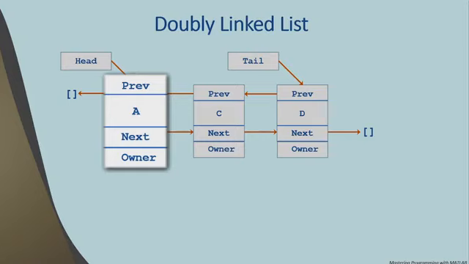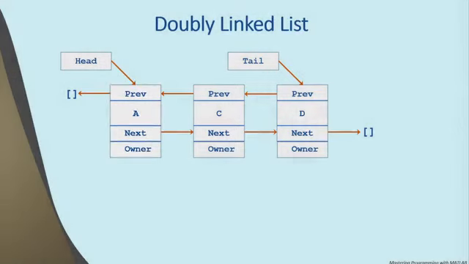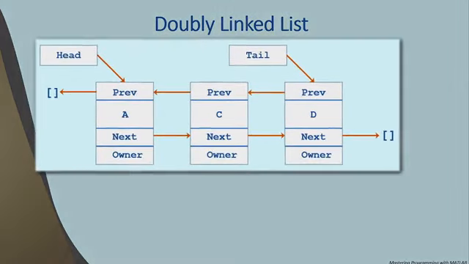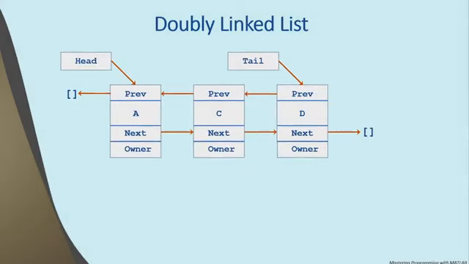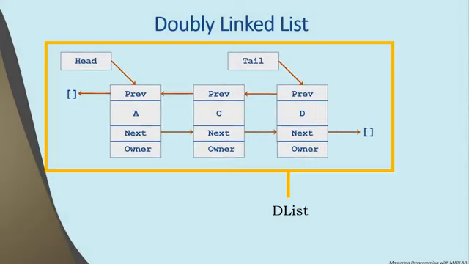And from here on in, we're going to use the terms pointer and handle interchangeably because we're going to use handles to implement pointers. The list itself has multiple nodes, plus a head and a tail. So let's create two classes, a doubly linked list class, which we'll call dlist, and a node class, which we'll call letterNode.